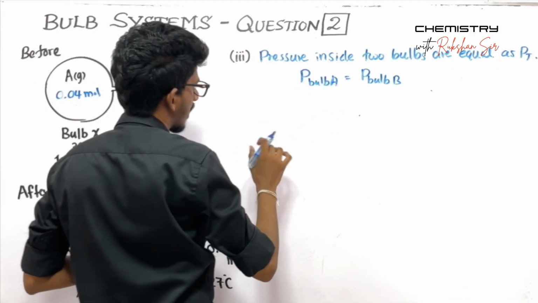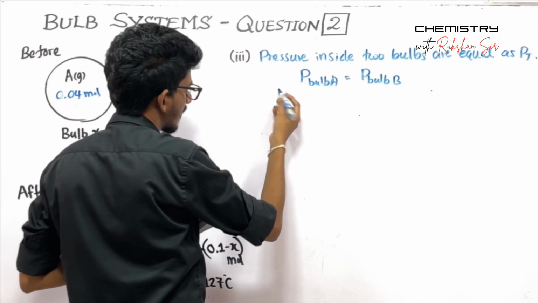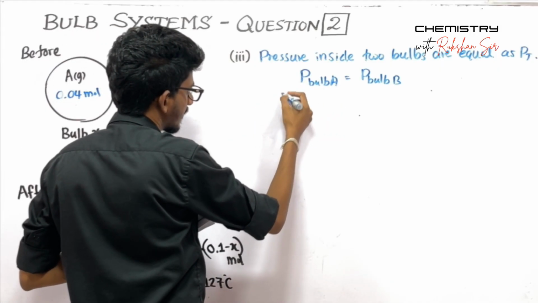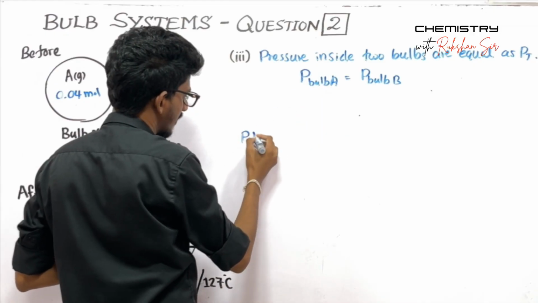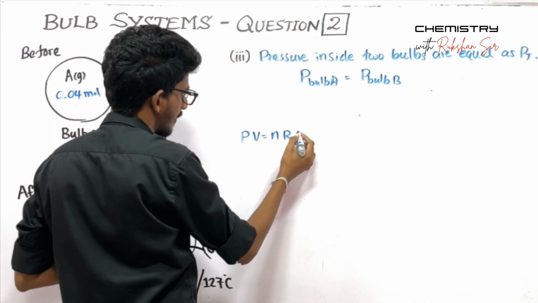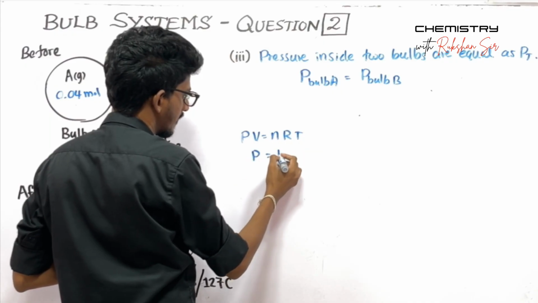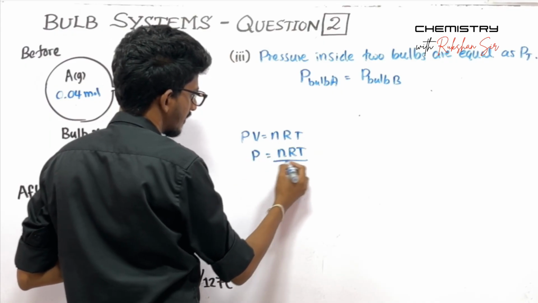For each bulb, we can write PV equals nRT, so P equals nRT over V. Let's apply these values.